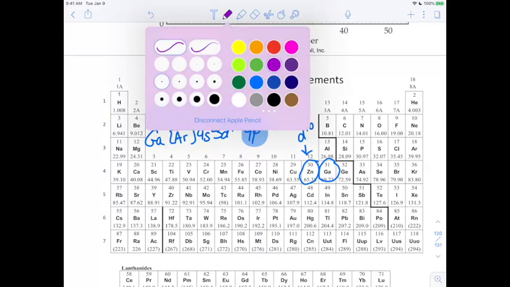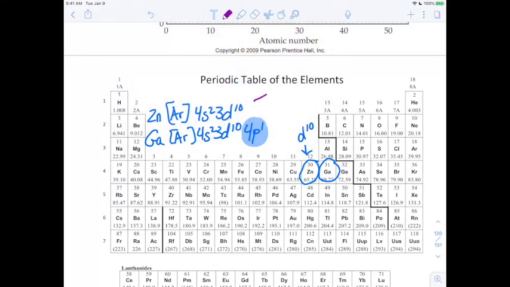So here we have a similar thing to what we talked about earlier. Zinc is very stable, so we say it has a high IE, a high ionization energy. It's going to take a lot of energy to remove an electron because you're destabilizing the atom.